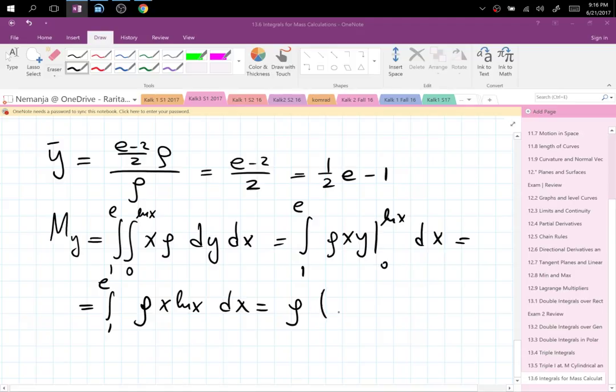We have to use, again, integration by parts. Can we do anything else? No, right? We have to use integration by parts.